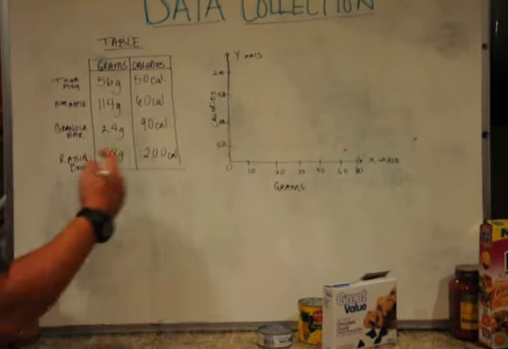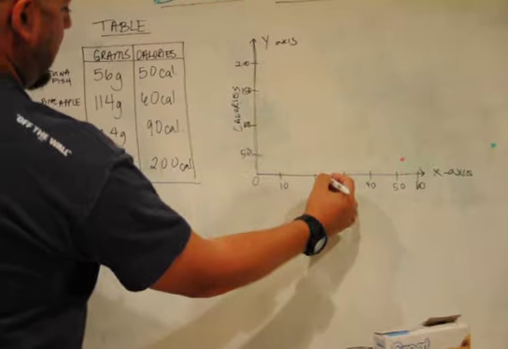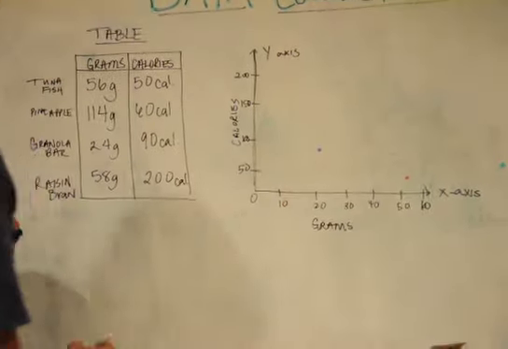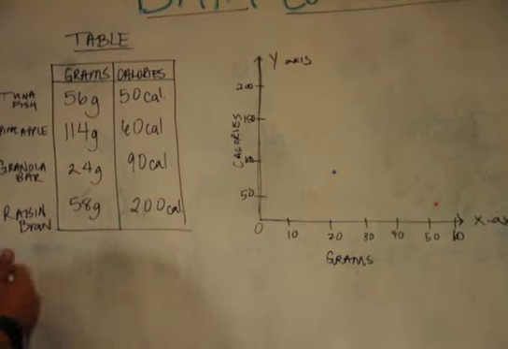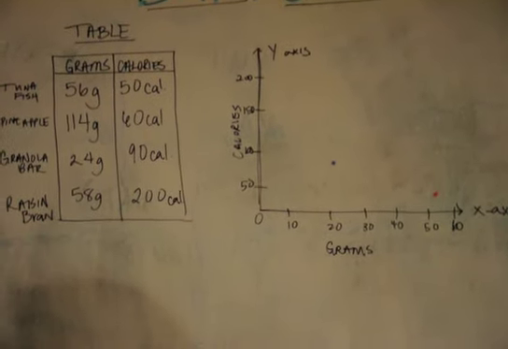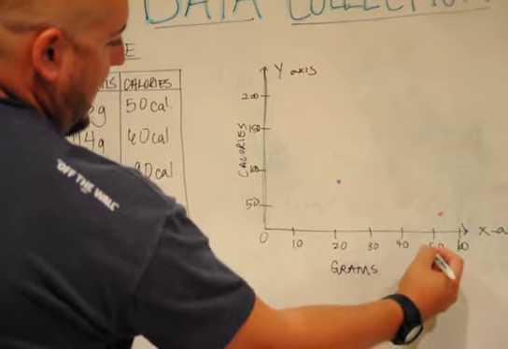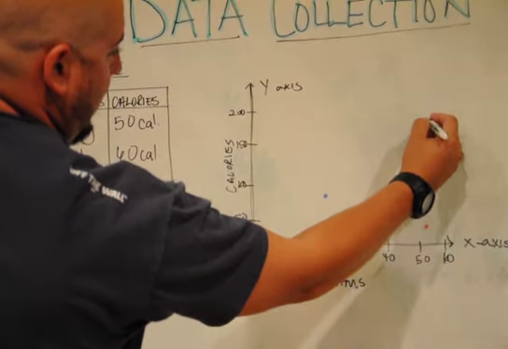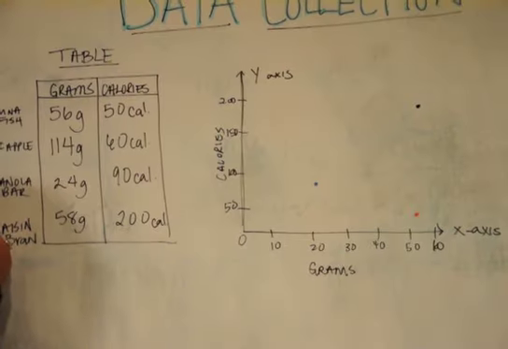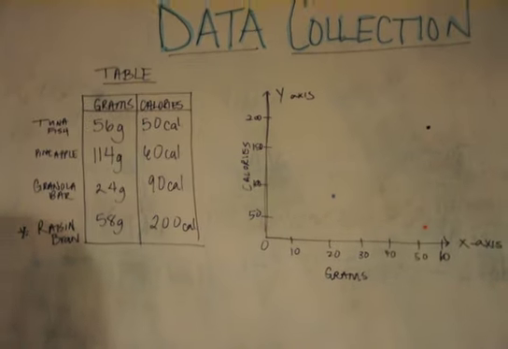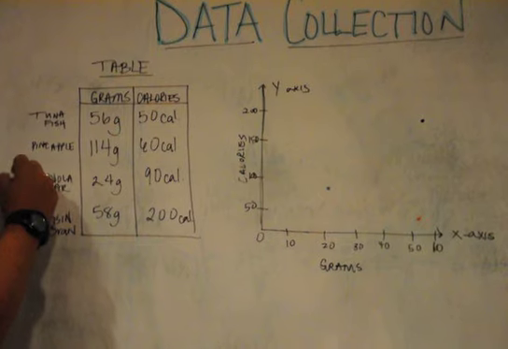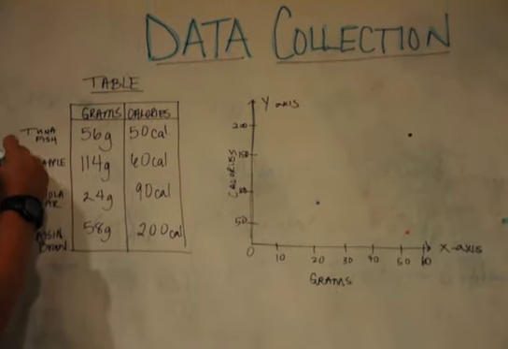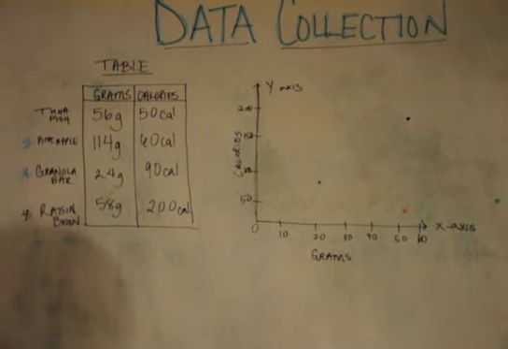My granola bar is 24 grams, and about 90 calories, so up here. And then again, my Raisin Bran, the last thing here, my Raisin Bran is 58 and about 200 calories. So that's way up here. And I might put a label so I know what the colors are of each thing I just did. And that keeps my data organized.